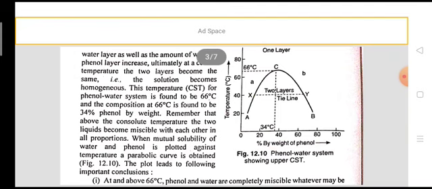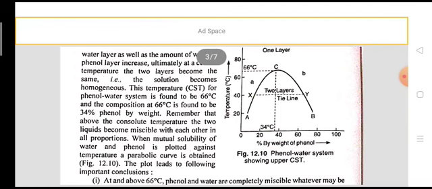Remember that above this consolute or critical solution temperature, the two liquids become miscible with each other in all proportions.